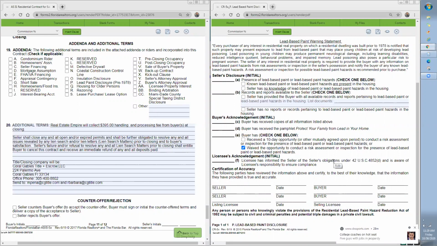But you may be working with an investor that's purchasing a property that's been run down, that is under foreclosure, that was built in 1940, and maybe has not had as much maintenance done on the walls as, say, a modern home, right? Or a home that has been remodeled, right?